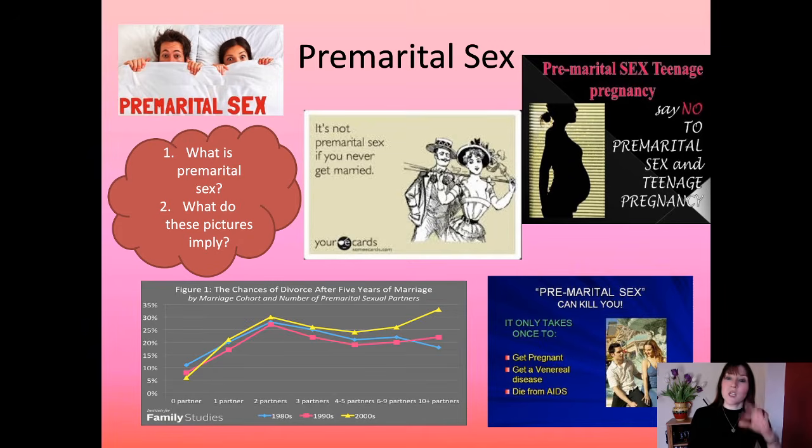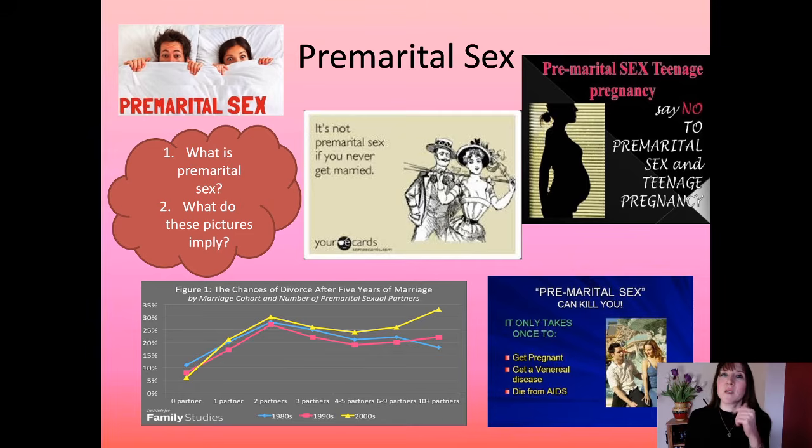If we were in class together, we would discuss and look at the different areas of premarital sex and what premarital sex means. We'd have a look at the different images, what they imply, etc. So it's just worth keeping in mind what your own views are on premarital sex. I like the one in the middle that says it's not premarital sex if you never get married.